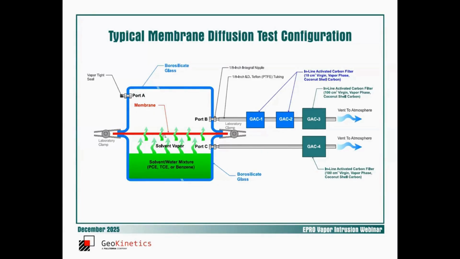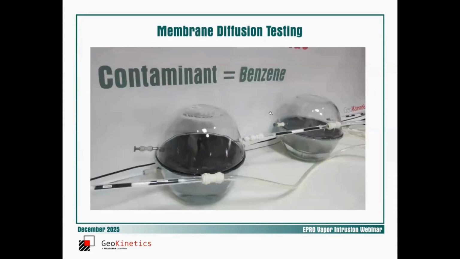We'll have a container, two halves, a solution of water and a VOC in the bottom container separated by a membrane, and then the upper container is connected to a series of activated carbon filters. As the VOCs diffuse across the membrane or are transported by a pressure differential, which we can set up across the membrane, they're captured by the filters, and we can measure and quantify the rate of transmission.